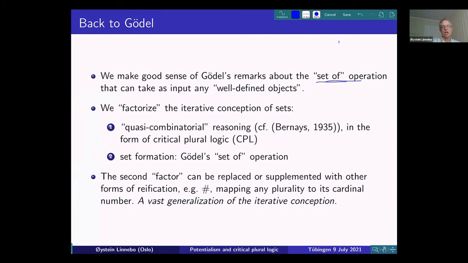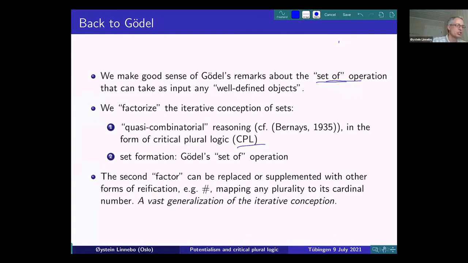You separate what Bernays famously called quasi-combinatorial reasoning, right? So taking combinatorial principles that are valid in finite domains and applying them now to infinite domains. That you get by means of one of these plural logics that I have talked about. Maybe the stronger one with the generalized union principle and the infinity principle. So that separates out in one factor quasi-combinatorial reasoning, but no new objects, just that powerful kind of reasoning.